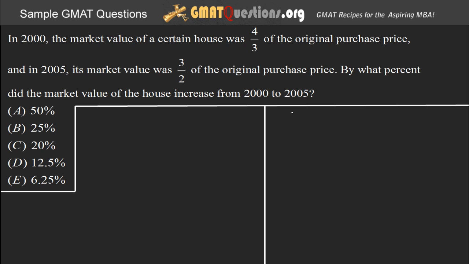Let me remind you that when you have a percentage increase from one date to another, the formula is equal to the final value in the later date, minus the original value, divided by the original value, times 100.